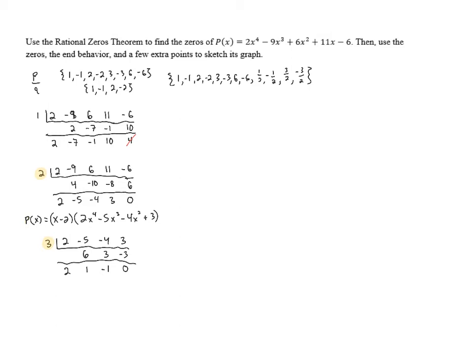So now we can write our polynomial as x minus 2, because 2 is a 0, and then x minus 3, because 3 is a 0, and then that leaves us with the coefficients here of 2x squared plus x minus 1.